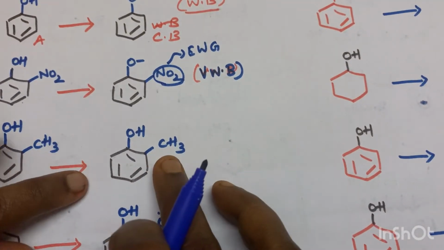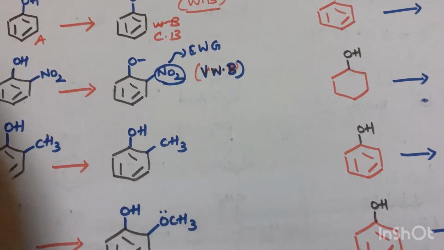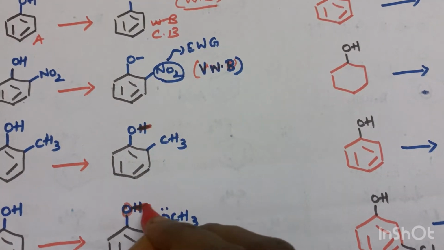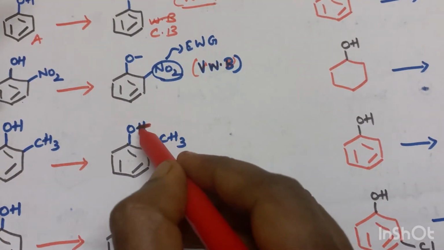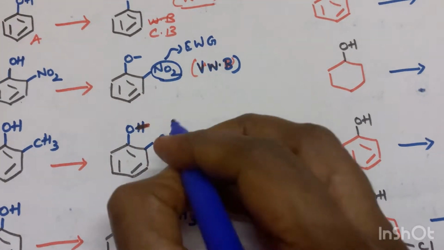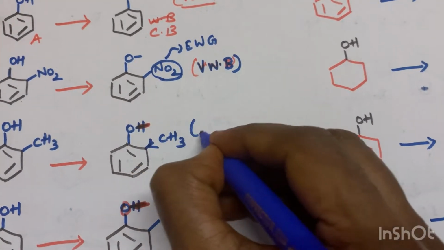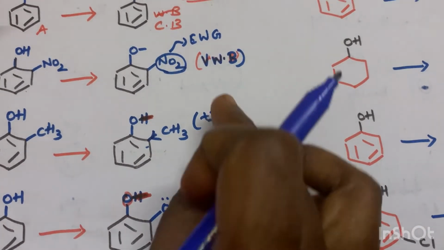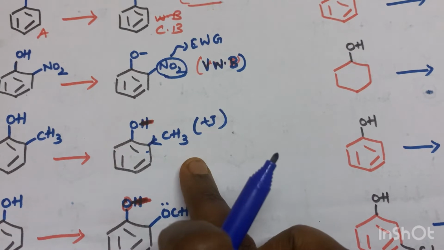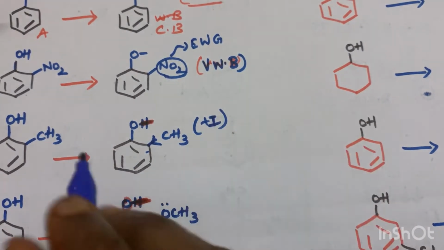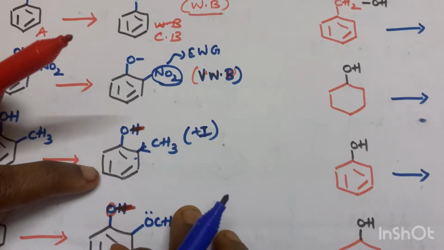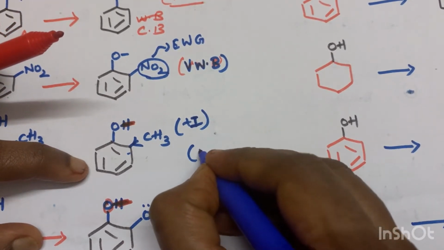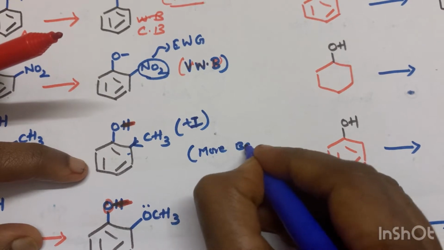So sorry students, here electron density is on O minus, this is O minus, not H. It will be involved in resonance, but somewhat plus I effect. This is plus I effect, it will donate electrons. Due to this, when compared to this one, electron density will be there somewhat. So it will be somewhat more basic, not strong basic.